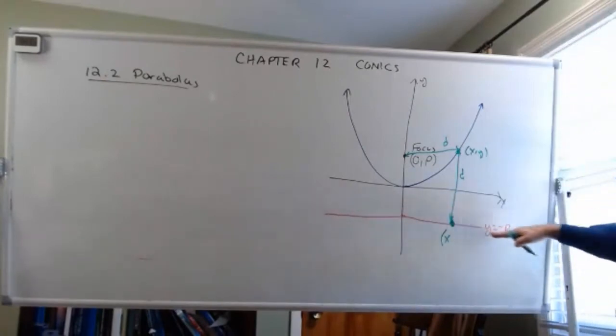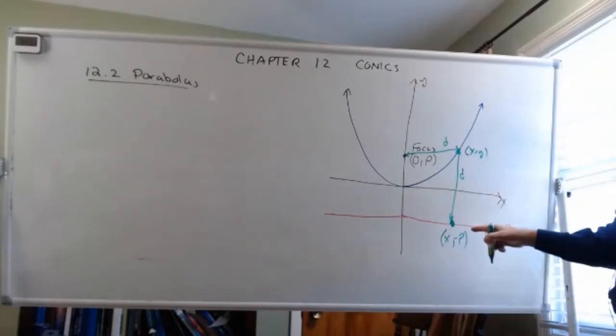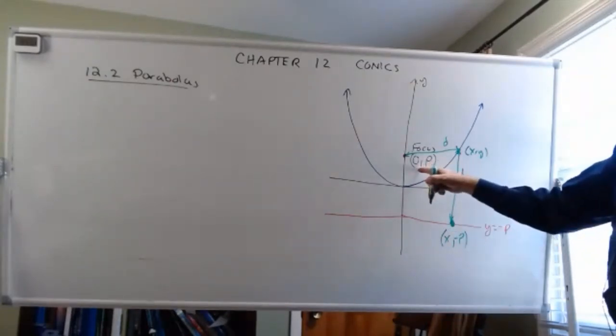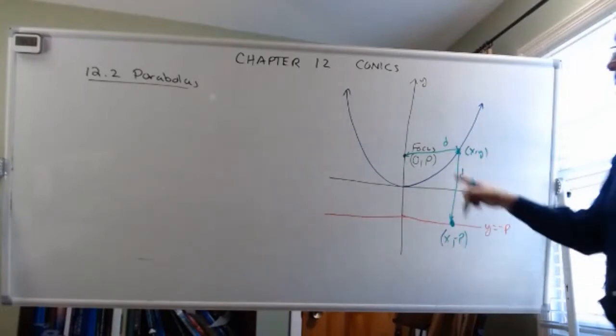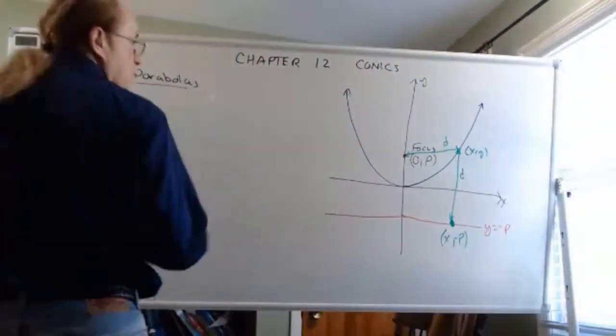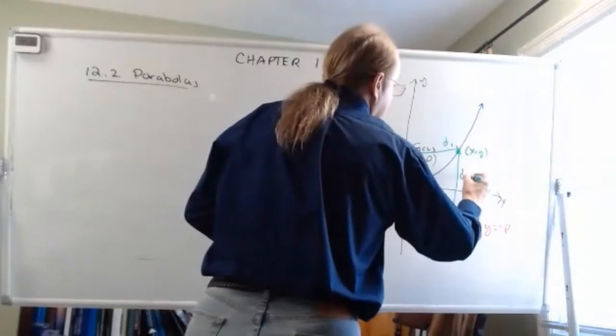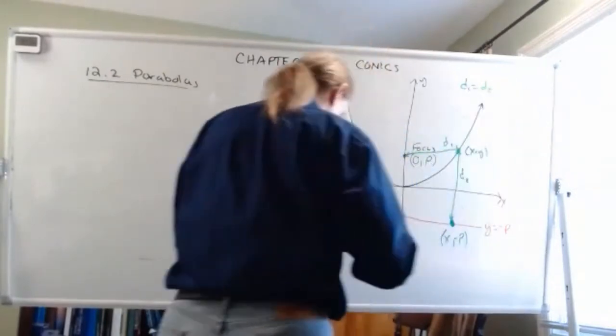Y is always the same, negative p. So I have these 3 points that I'm working with: 0 comma p, x comma y, and x comma negative p. So let's find the distance over here, and just for now, I'll call it d1 and d2, and the condition is d1 has to equal d2.